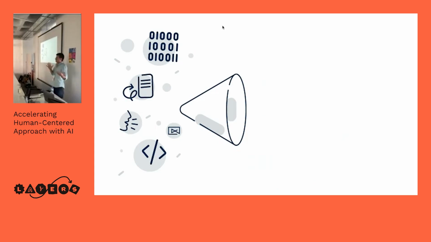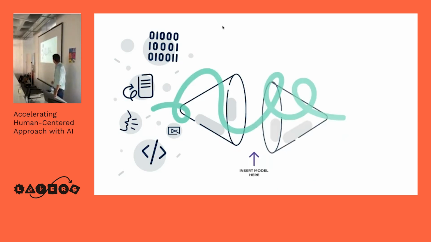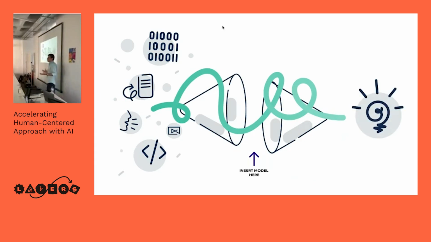A lot of stuff here. And a lot of the times, we go through all this information ourselves. But now we have this tool, I'm going to call it a tool, that you insert something, a model, in between, and it translates all this unstructured information. And magically, on the other side, you have either an analysis of a pattern based on that information, like the model analyzes everything and says, here are a few things that you can do or you can use.